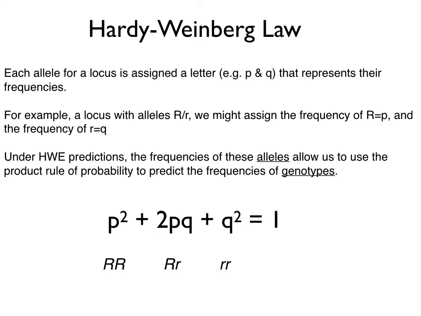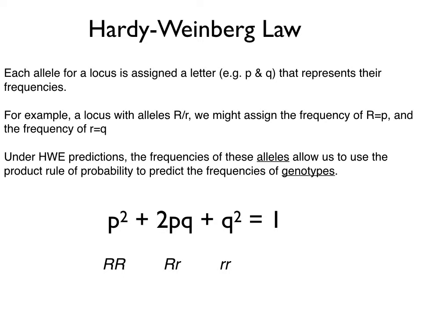And so I want to make very clear here that because we have assigned the allele big R the letter p to represent its frequency and the letter q to represent the frequency of the recessive r, each of these components of the Hardy-Weinberg equation specifically reflect the frequency of a genotype.